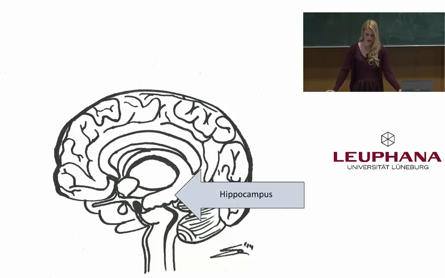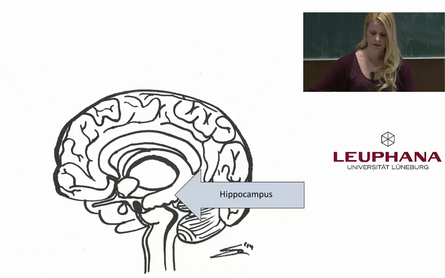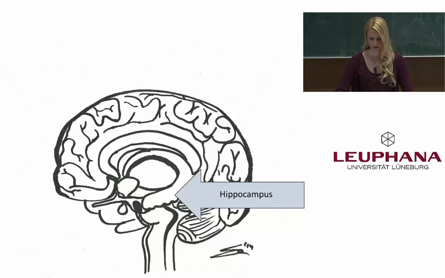The hippocampus is part of the limbic system, and the limbic system is where emotions are processed. The limbic system consists of several brain structures that constantly influence our thinking and decision making. So there is actually no such thing as completely rational decision making, even if you believe so.